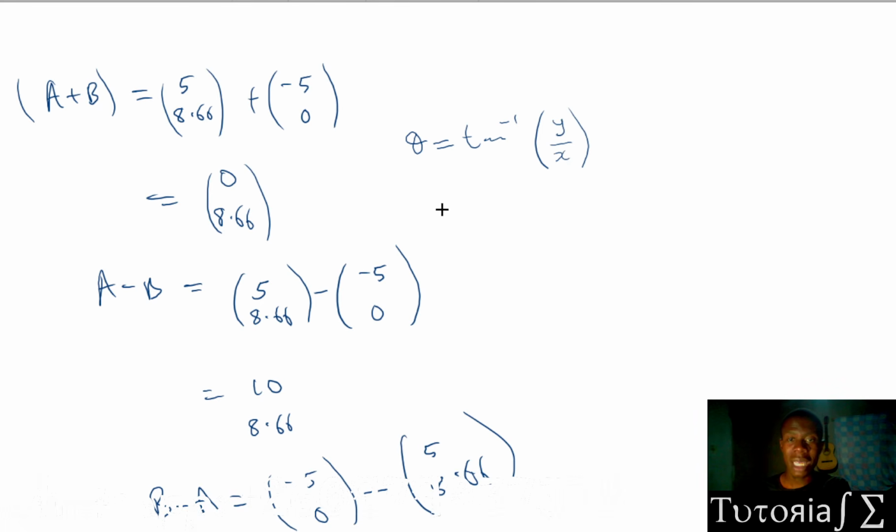All right, so in this case, if we're looking at the direction of A plus B, our x is this part, the 0, then our y is this part. So theta will be equal to the tan inverse of y. What is y here?